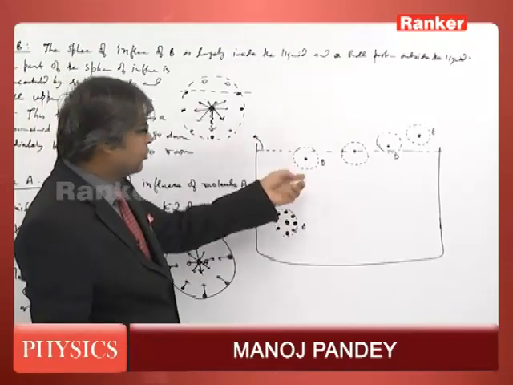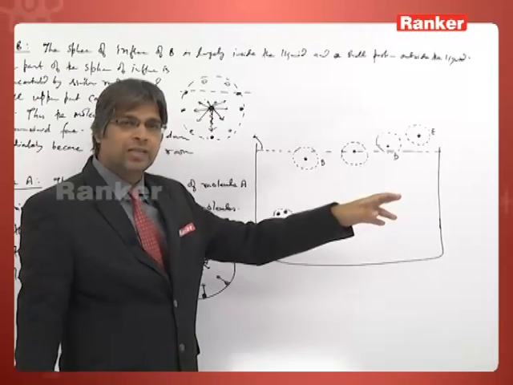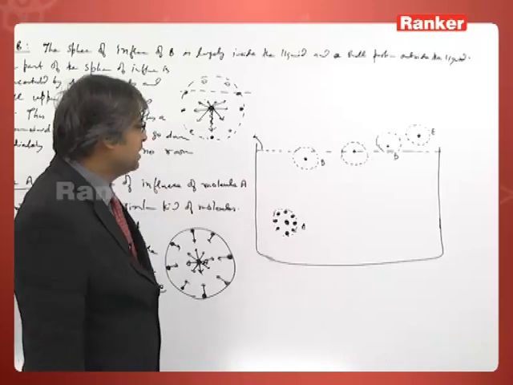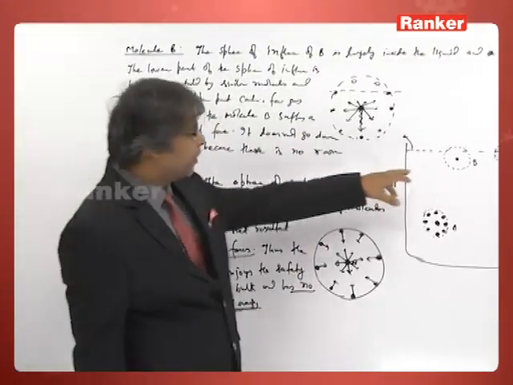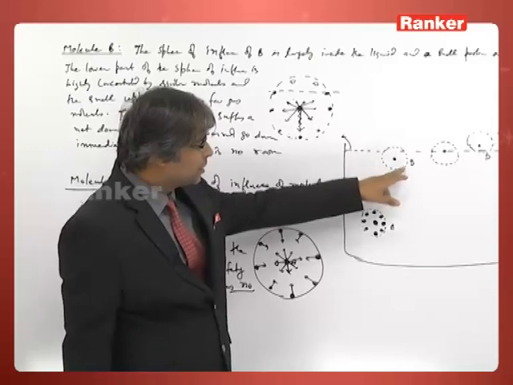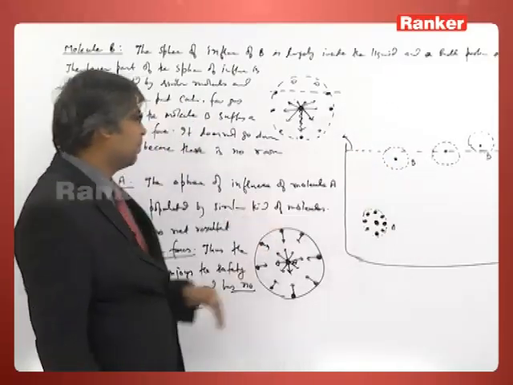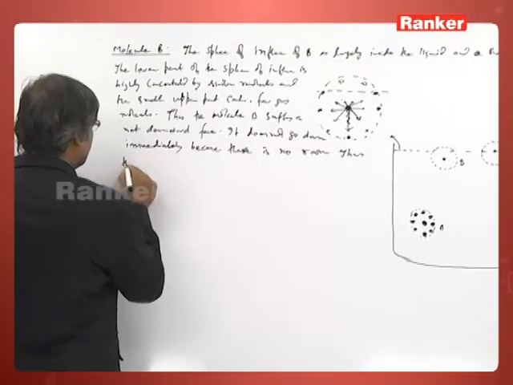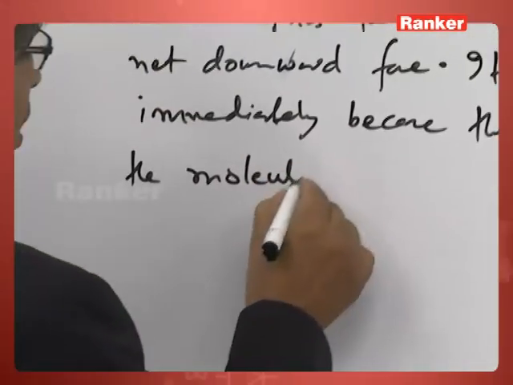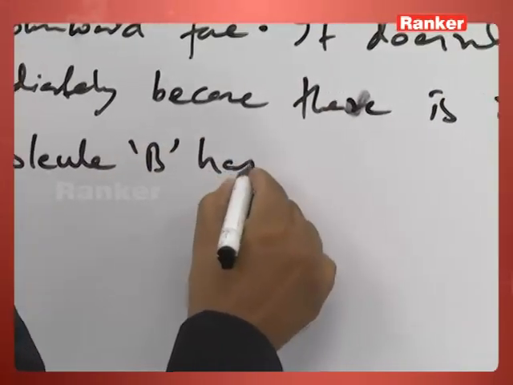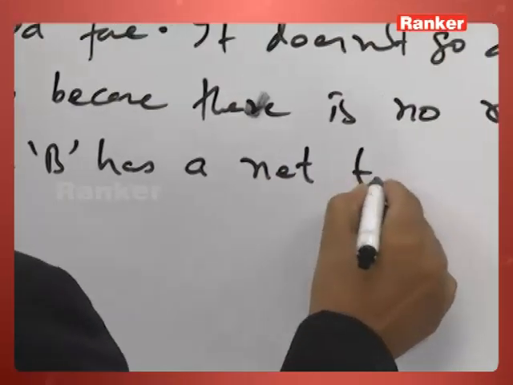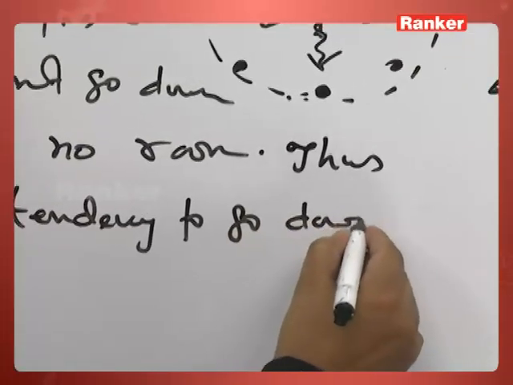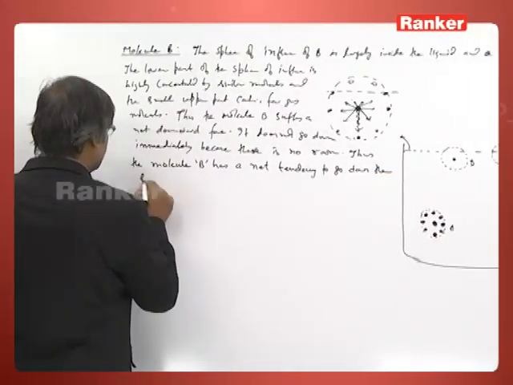So if there is an opportunity that due to thermal motions any of the molecules has left its place, it will immediately go and fill it, enjoy the safety of the bulk, and make its sphere of influence buried inside the bulk liquid. Thus, the molecule B has a net tendency to go down the bulk.